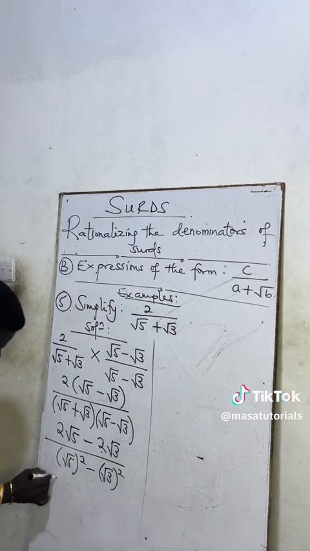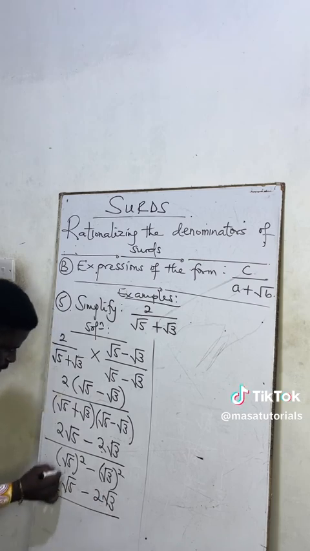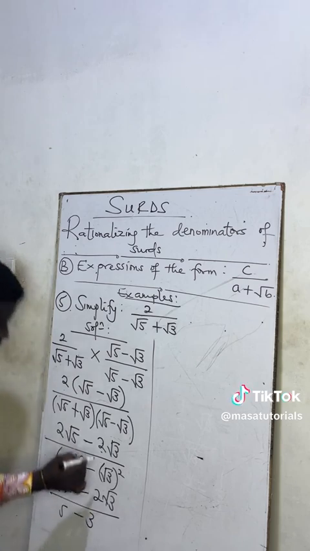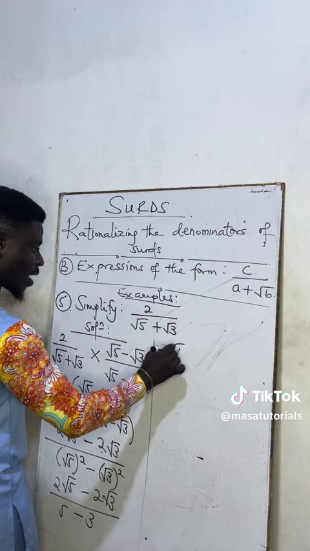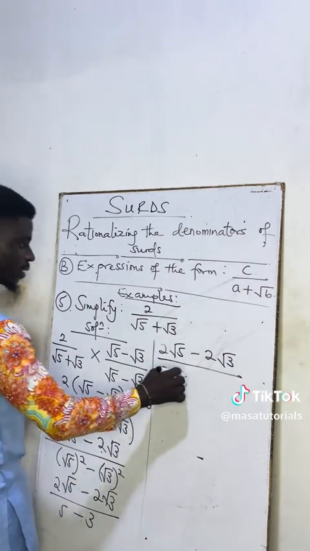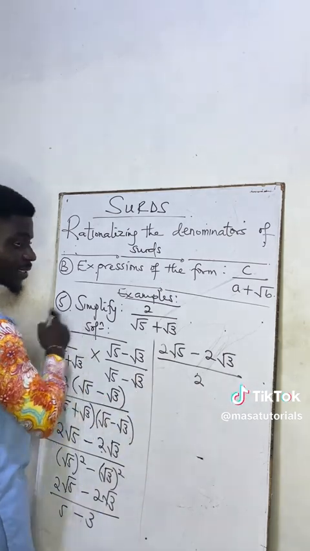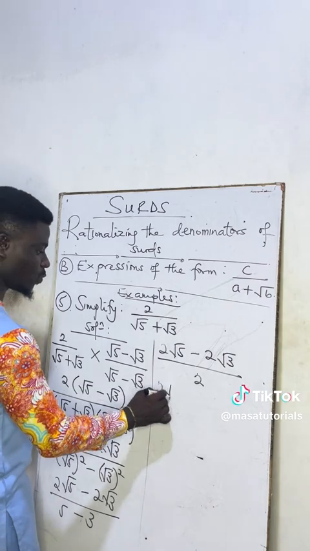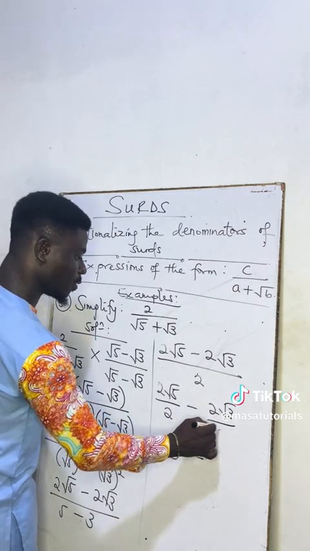We go again. 2 square root of 5 minus 2 square root of 3 all over 5 minus 3. Now 2 square root of 5 minus 2 square root of 3 all over, 5 minus 3 is 2. We split because we can simplify, and the question says simplify, so we split 2 square root of 5 all over 2 minus 2 square root of 3 all over 2.